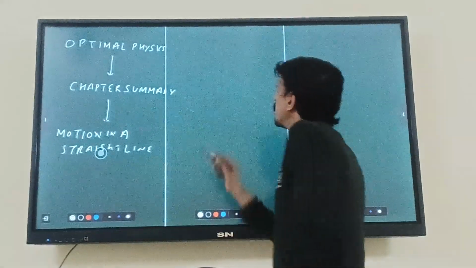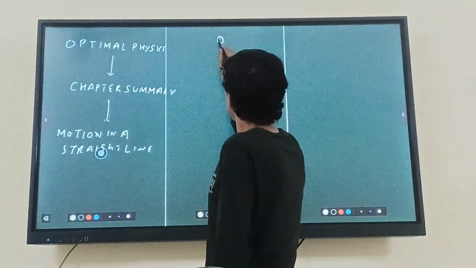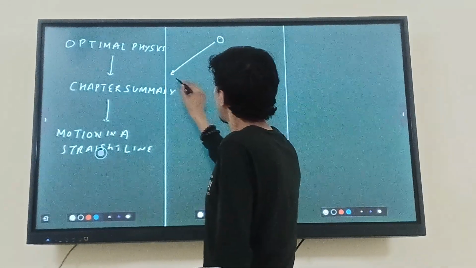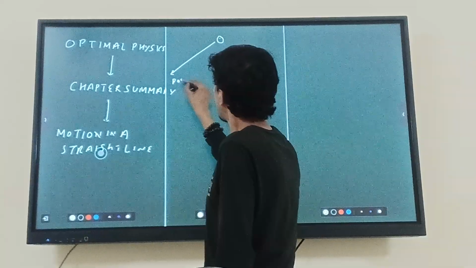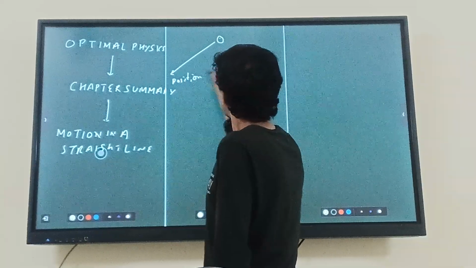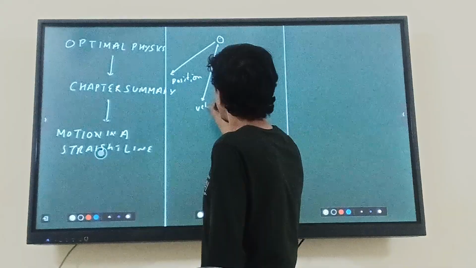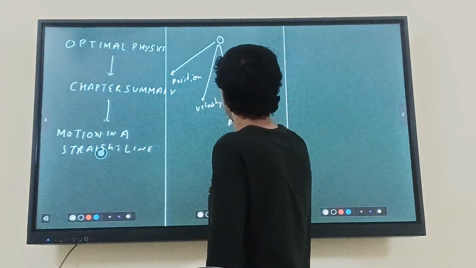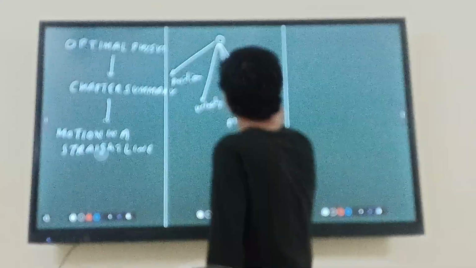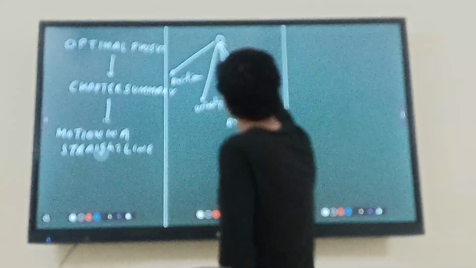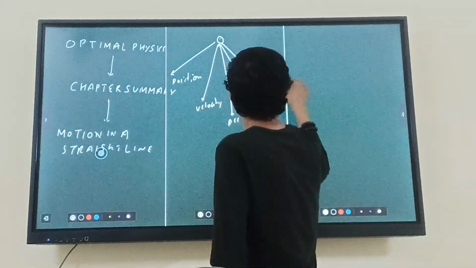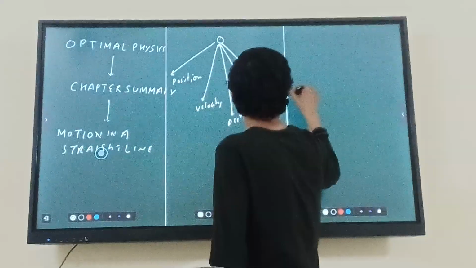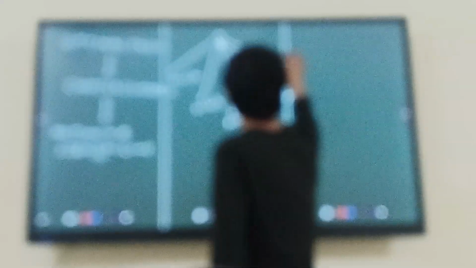So basically, motion in a straight line is about, first of all, position. Second thing is velocity. Third is acceleration. Fourth is time. Fifth is equation of motion. And sixth are the applications.